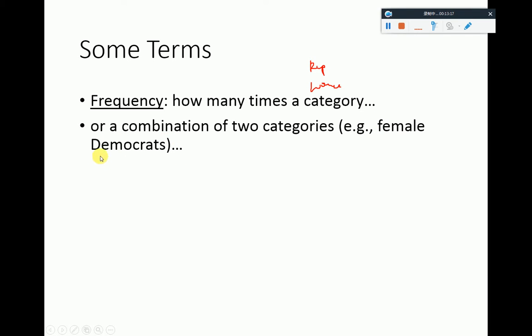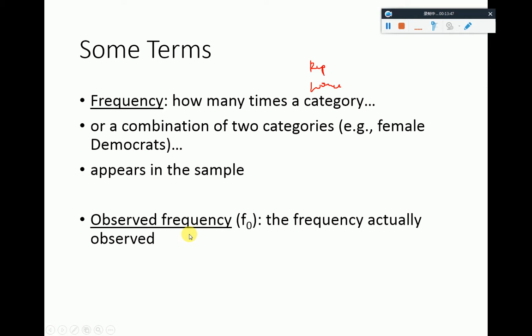This one category is actually composed of two separate categories, a combination of two categories. So we can also count how many times female Democrats, male Republicans, male Democrats and female Republicans are observed in our sample. Okay, so that's the first meaning, frequency.